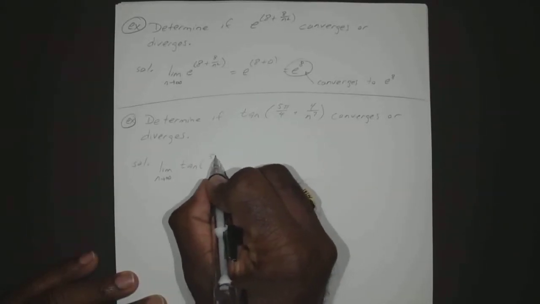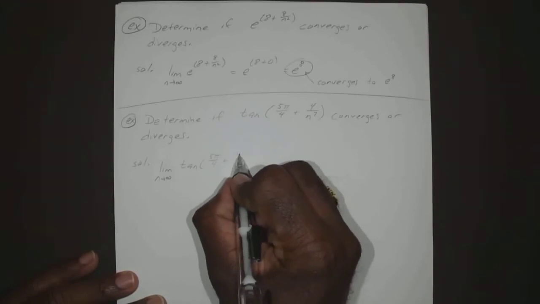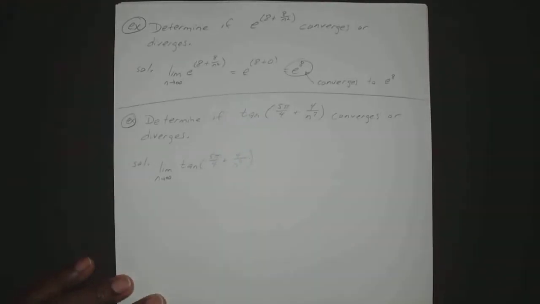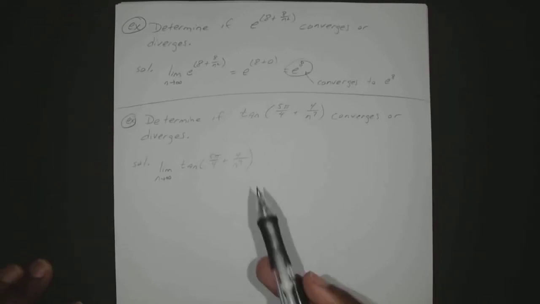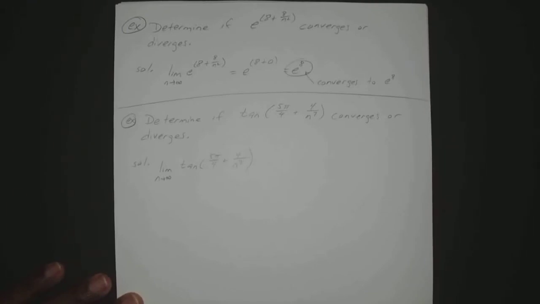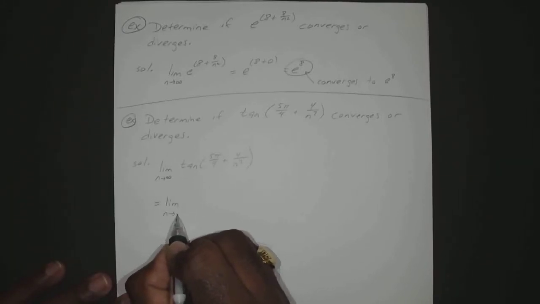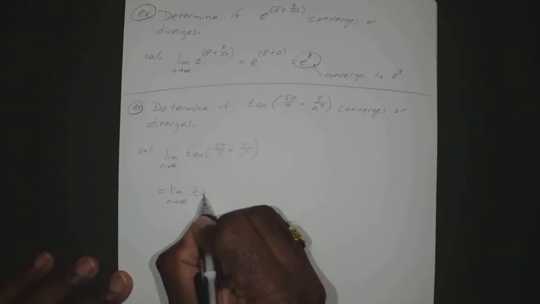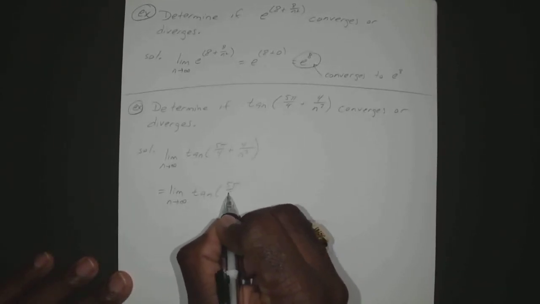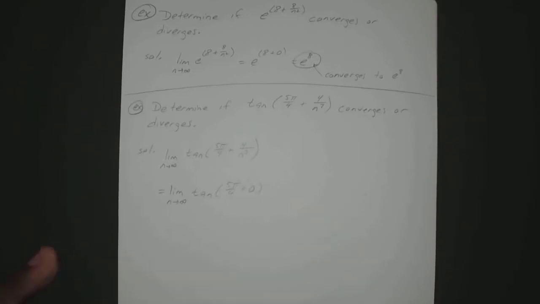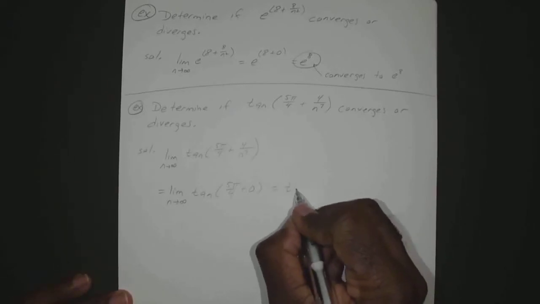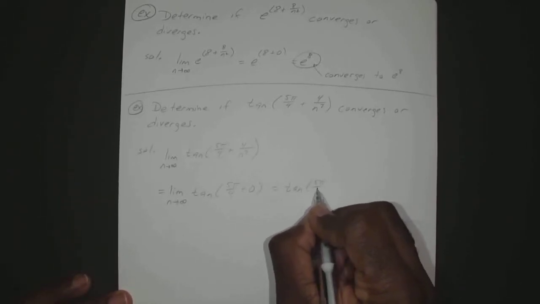As n gets bigger and bigger, that just gets closer and closer to 0. So we end up with the limit as n approaches infinity of tangent 5 pi over 4 plus 0, which is just tangent of 5 pi over 4, which is equal to 1.